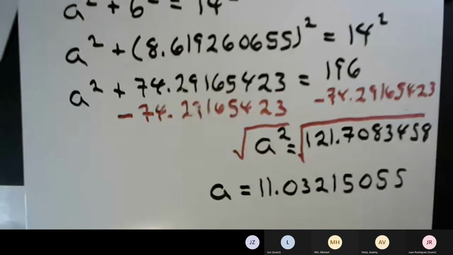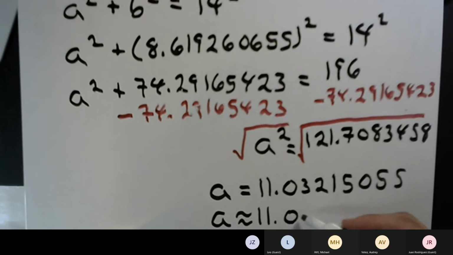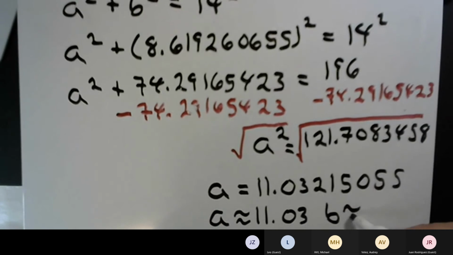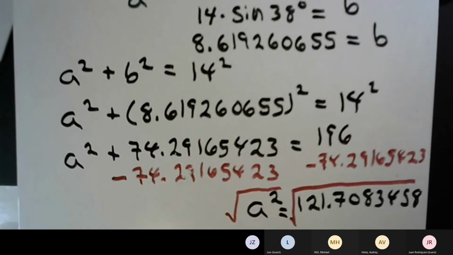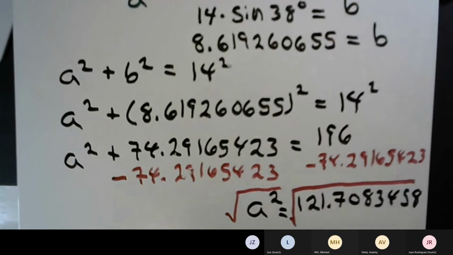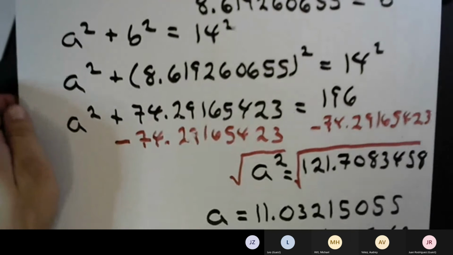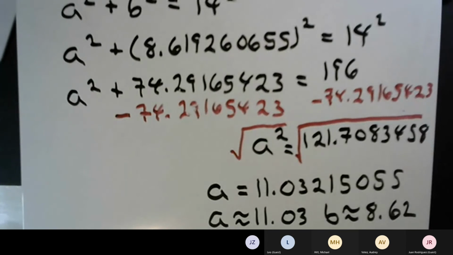So now I'm going to round my answers. I'm going to round to the nearest hundredth. So my a is about 11.03, and my b was back here, there's b, to the hundredth, 8.62. Now when we go back to our triangle, we can fill in for side a and side b.